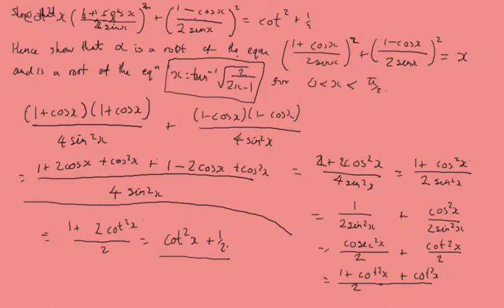So let's play with this. Let's get this as a function of cot x on its own. So cot squared x equals x minus a half.